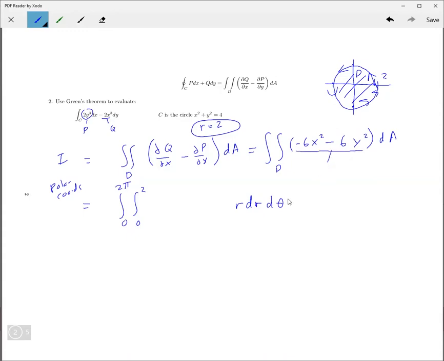And what does this become? Well, that's negative 6 times x squared plus y squared, right? And what's x squared plus y squared in polar coordinates? That's r squared. So this inside part just became negative 6 r squared. Now there's no thetas anywhere, so I can just take the difference here, that's just 2 pi.